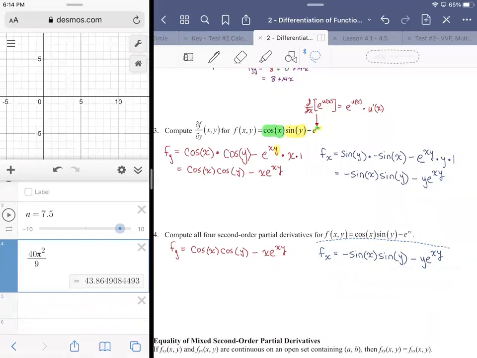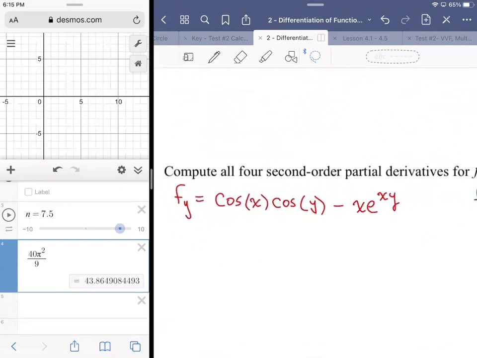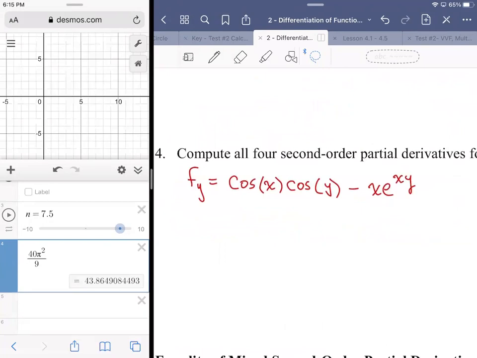So we're doing f sub xx, f sub xy, f sub yx, f sub yy. And we'll see there's a nice little shortcut through the maze. Let's go with the generally easier of the two possibilities, which would be going after it the same way a second time. Oftentimes that's the easier way.